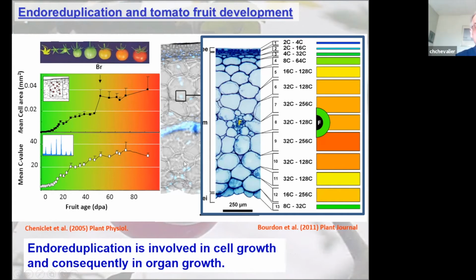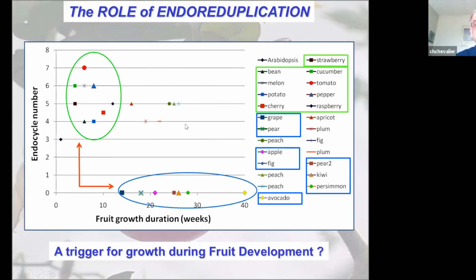Interestingly, what happens in different species of fruits? We have plotted here the duration of fruit growth of a whole category of fruits according to the number of endocycles, of endoreduplication cycles, which correlates to the DNA amount inside the nucleus. And what we see here is that for all the species that require a very small period of growth, they have this endoreduplication process occurring.